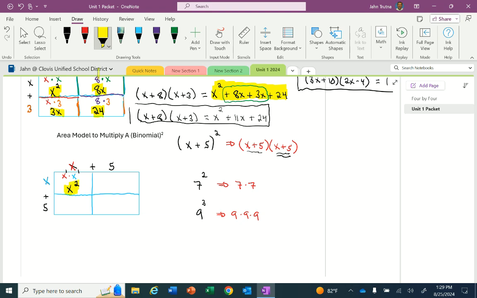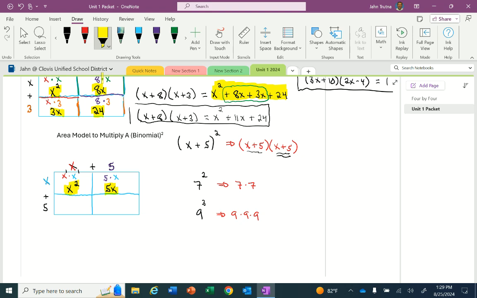Moving to the top right rectangle, I'm going to take the length of the rectangle, which is represented by the positive 5, and multiply it with the width, which I determined was that blue x there. 5 times x is 5x. Positive 5x. That 5x is going to be part of my answer.